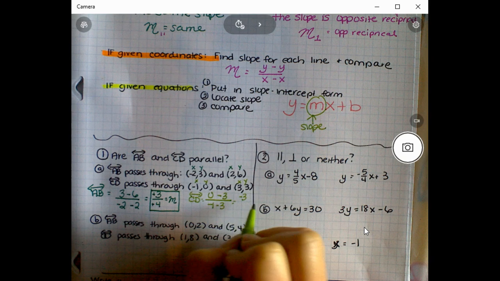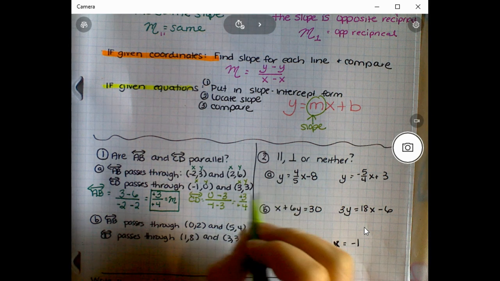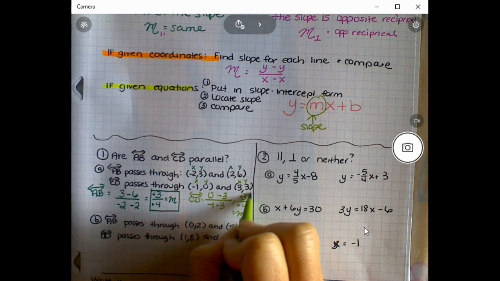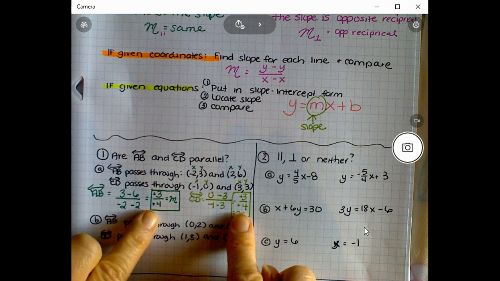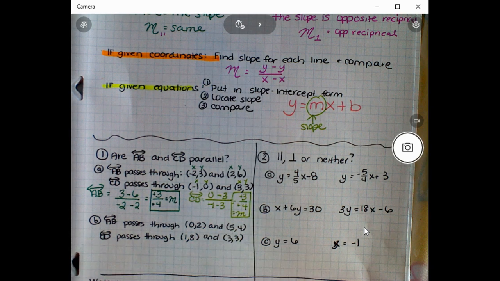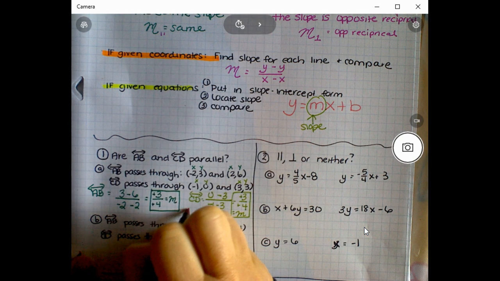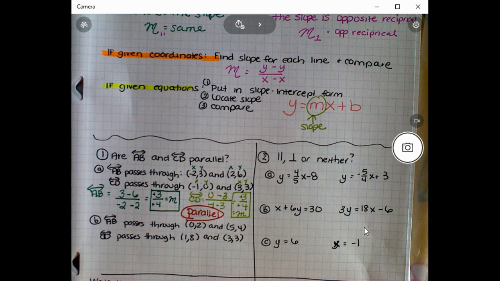Negative 1 minus 3 is negative 4. Since they are both negative, they're really both positive. So the slope of CD is positive 3 over 4. Now we compare slopes. Both of them have a slope of positive 3 over 4, which means that these two lines are parallel. Goodness, I don't have much room. I'm just going to write parallel right here and circle it.